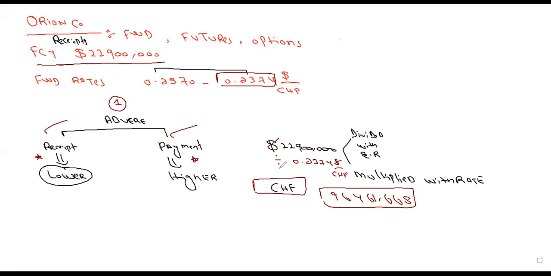Second, you have to see whether this foreign currency is being multiplied with the rate or divided. In this question, it is being divided. So to get the lower receipt, when you divide with the higher rate, automatically you will get the lower receipts. Understand, everyone? Everybody clear? Yes.